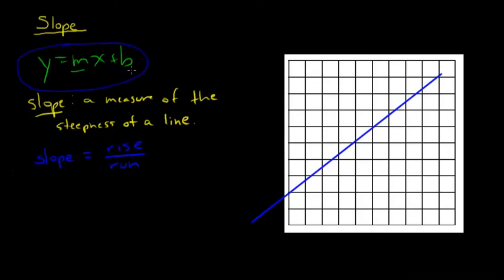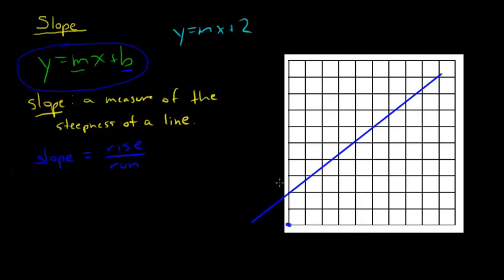We know that b is just how far above or below the origin the line has gone. So if this is going up 2, we know that it's going to be y equals mx plus 2.